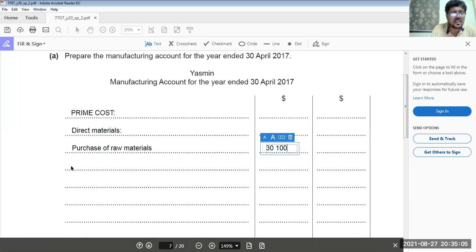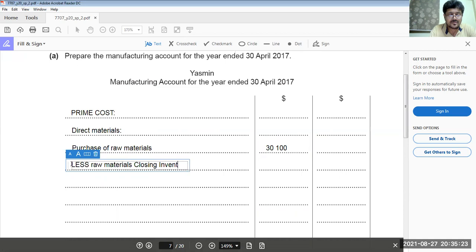So we have to write less closing inventory of materials, which is given over here, and we write it in brackets. This is 3,150.